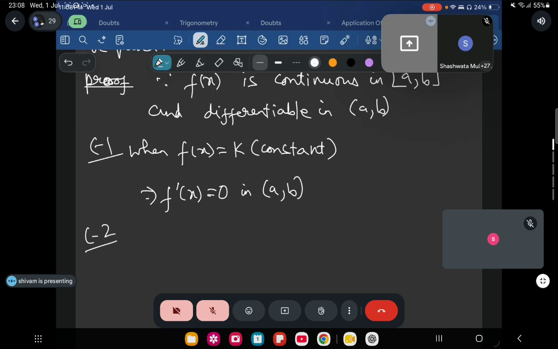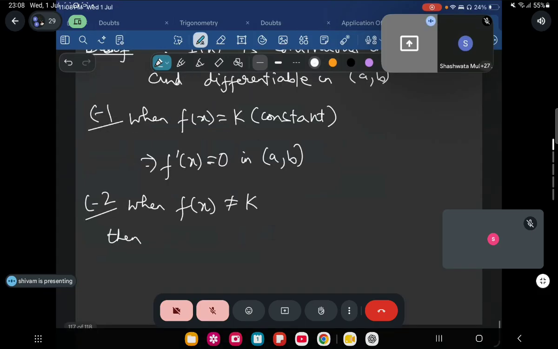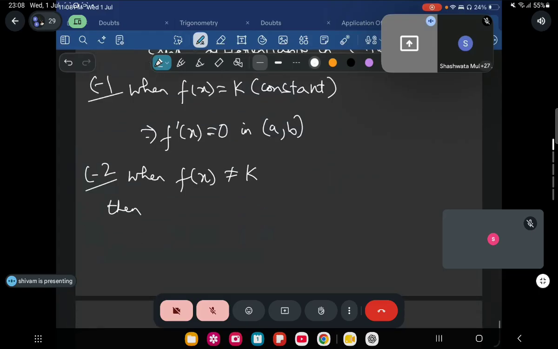Case 2, when f of x is not a constant function, then there are two sub cases. Then there exists a maxima, everyone. Try to understand.